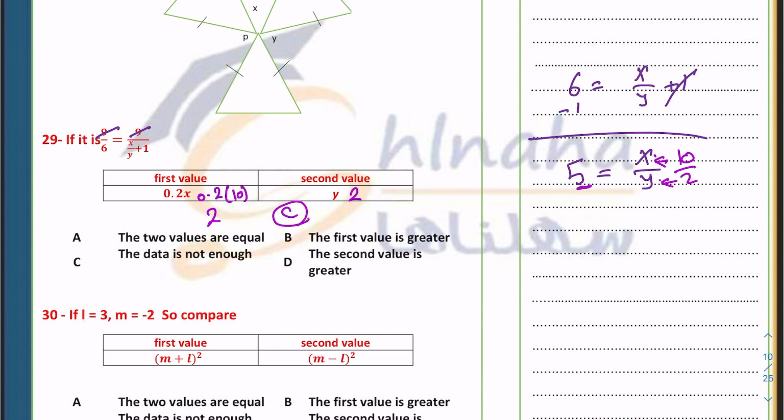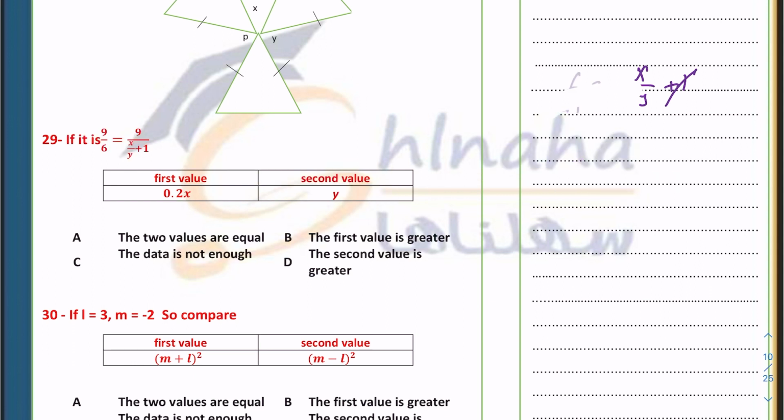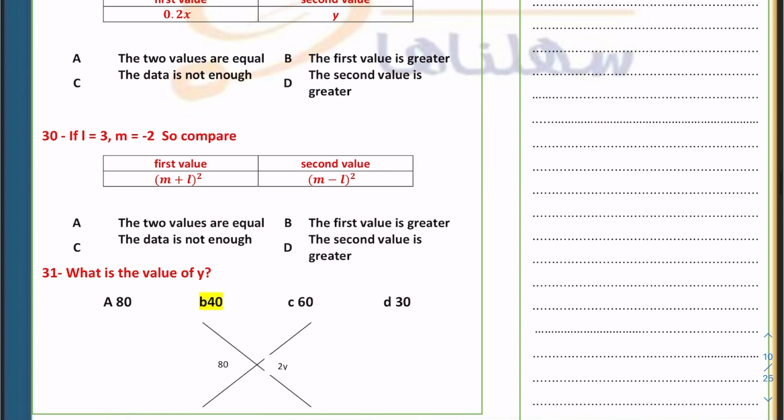Let's take the next question, which is 30. We have l equals 3 and m equals negative 2. Compare between the two expressions here. First of all, I will write l is 3, m is negative 2, squared. 3 and negative 2 is 1. 1 squared equals 1.